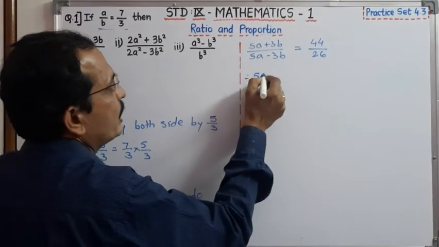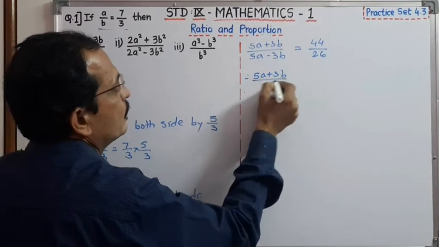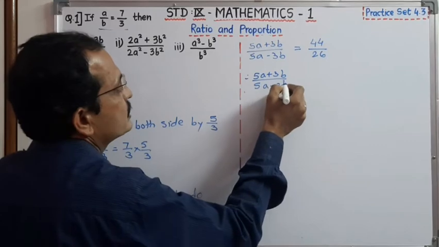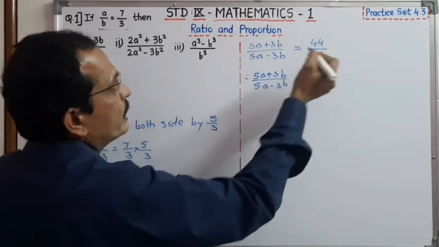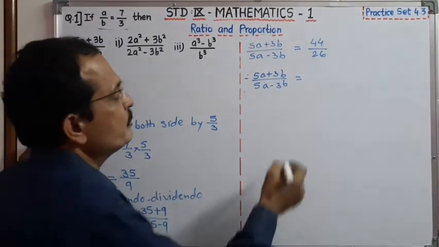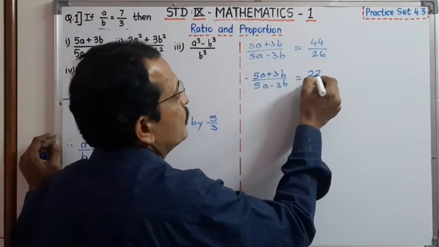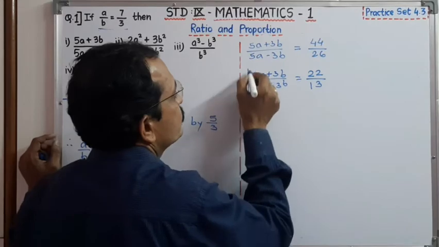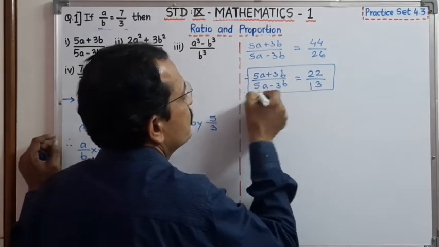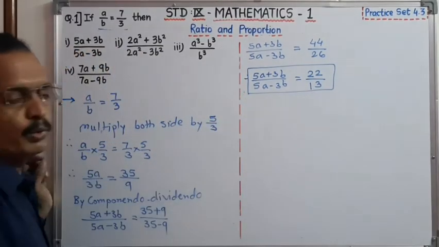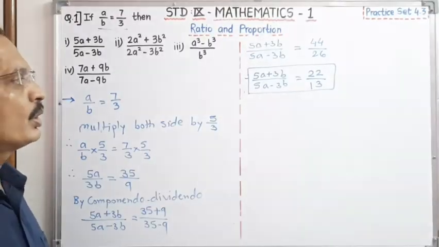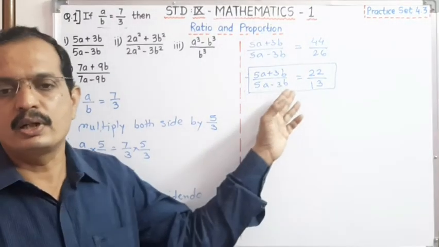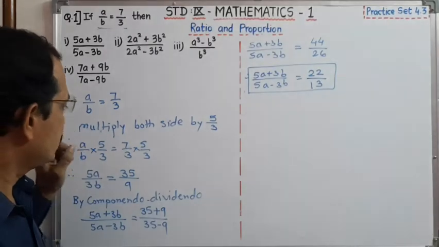Therefore, dear student, (5a plus 3b) upon (5a minus 3b) is equal to 44 upon 26. We can simplify this: 2 twos are 4 and 2 thirteens are 26. Therefore, dear student, we got (5a plus 3b) upon (5a minus 3b) is equal to 22 upon 13. Now, dear student, see.